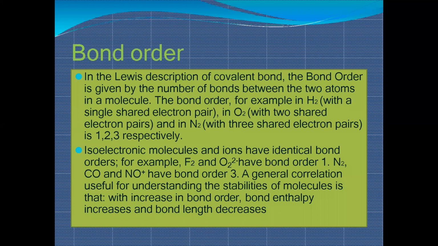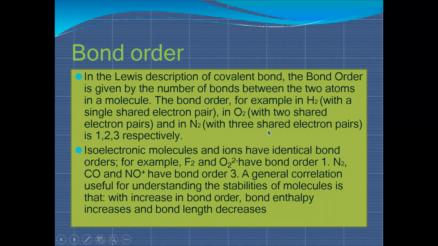So for the bond order, for example H2: the hydrogen molecule has a single shared electron pair, so the number of bonds in H2 is 1. If we talk about O2, with two shared pairs of electrons, it forms a double bond. Let us talk about N2.